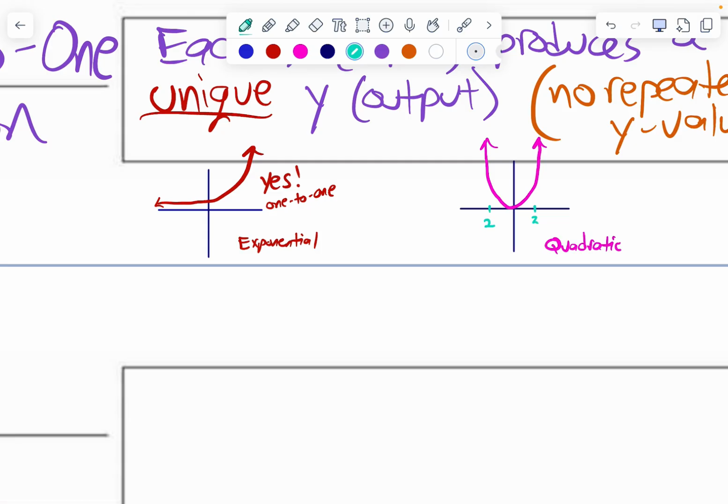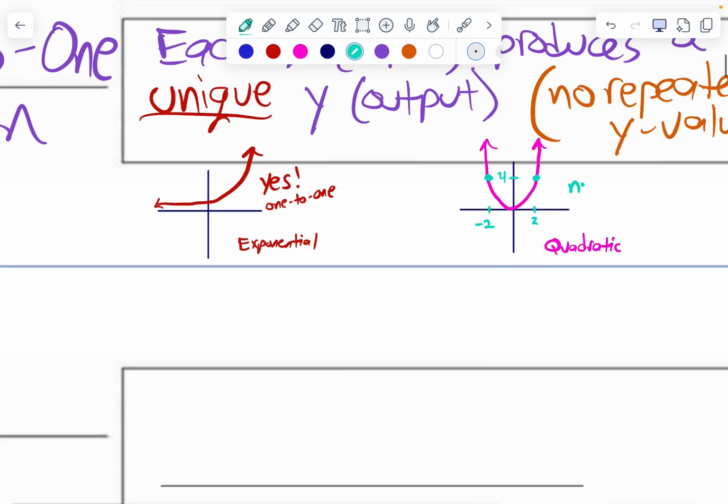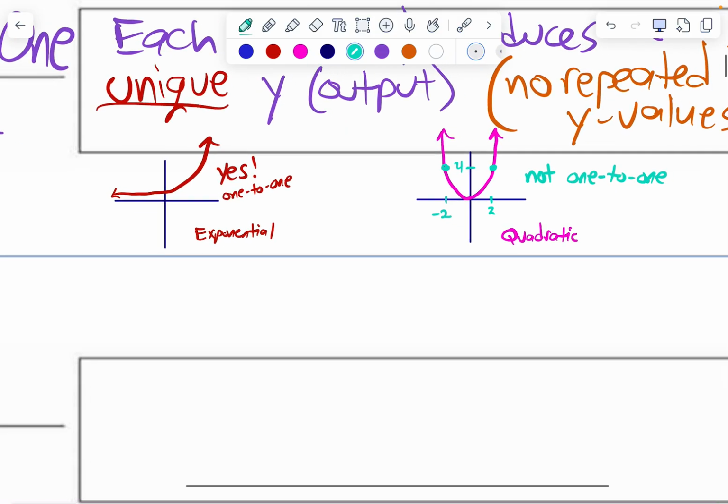And do you see how at some point both of those make 4? -2 and +2 both make the value 4. So this is not one-to-one. We have two 4s from two different x values.